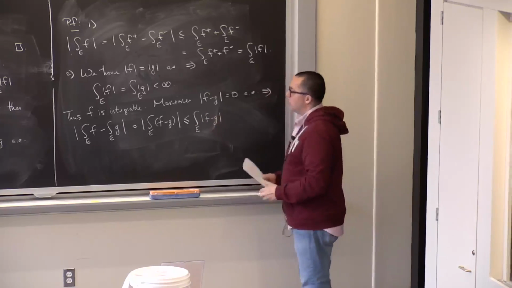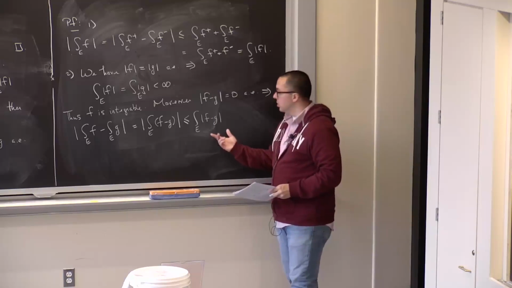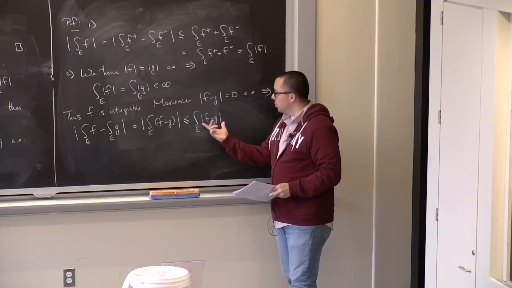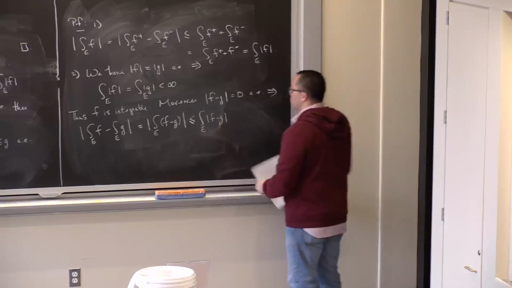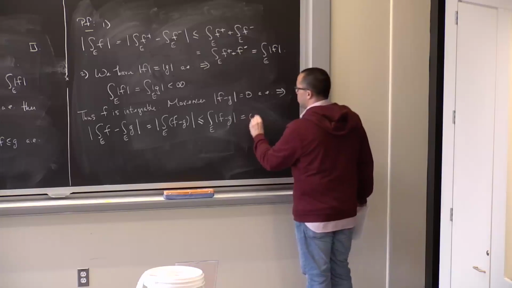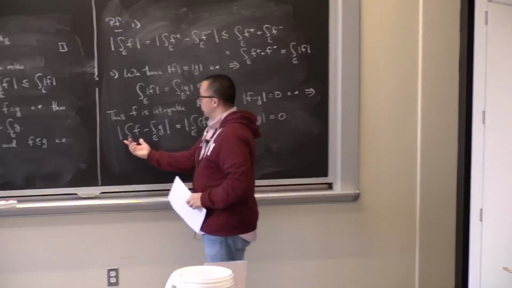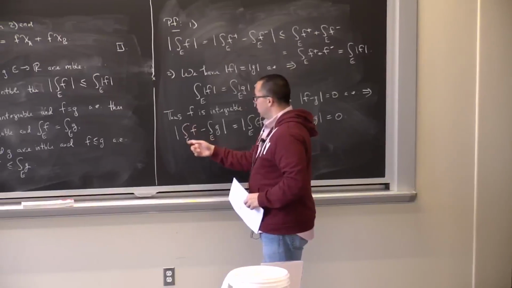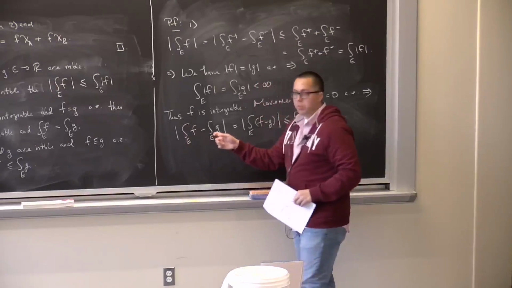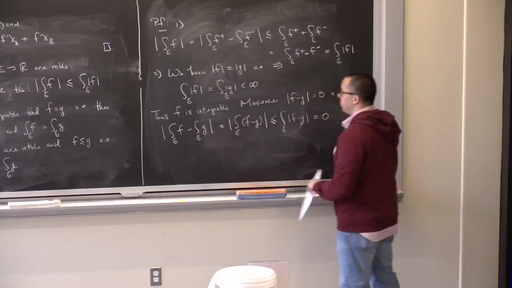And by what we know for the integral of non-negative measurable functions, if I have a function which is 0 almost everywhere, then its integral is 0. And therefore, the integral of f over E must equal the integral of g over E. So that proves 2.